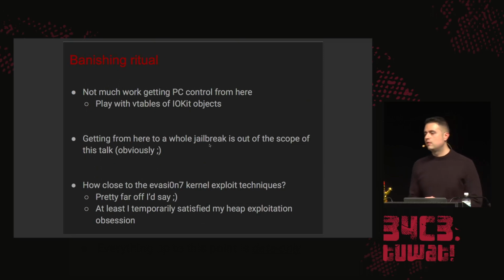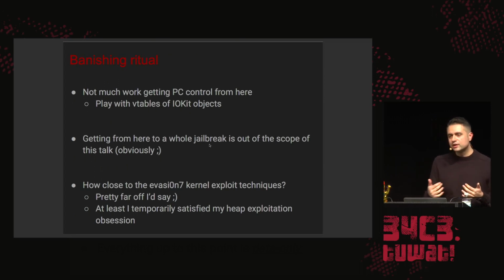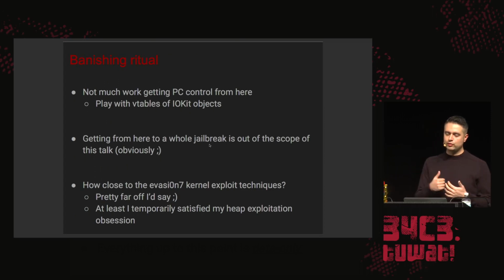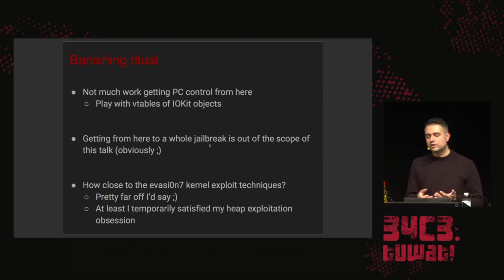So once you reach that point, how do you get PC control? Since you can use the Dowd and Mark technique, you can basically do a heap overflow. So you can again do a heap arrangement. You can place IOKit objects next to VMAP copy structs where you can overflow from, and you can corrupt IOKit objects.